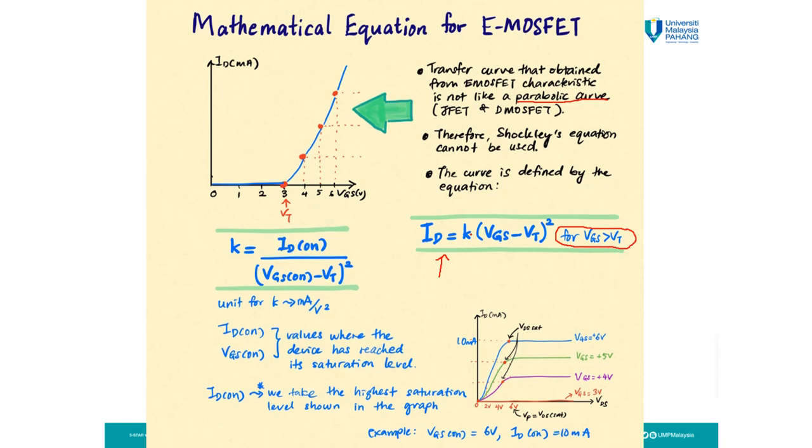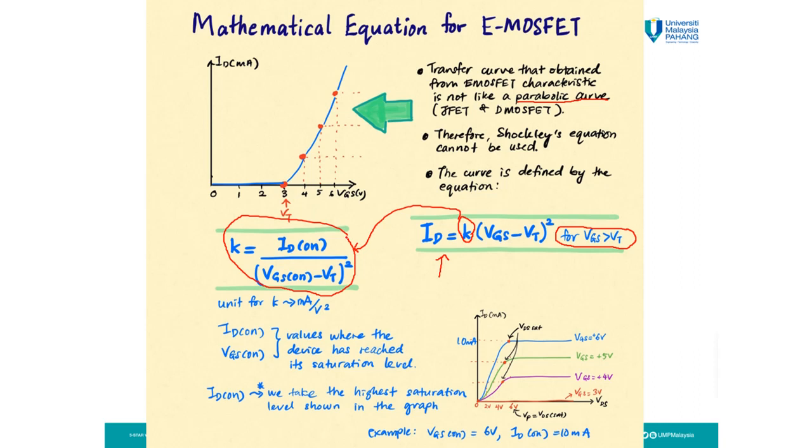So what is K? K is another variable that has a formula: K equal to ID on divided by VGS on minus VT, squared. If no K value is given, you have to find it by using this formula.